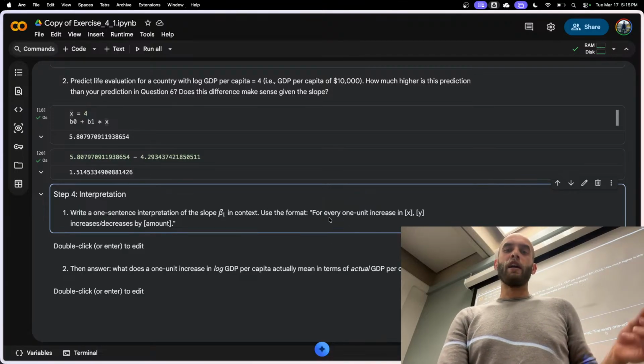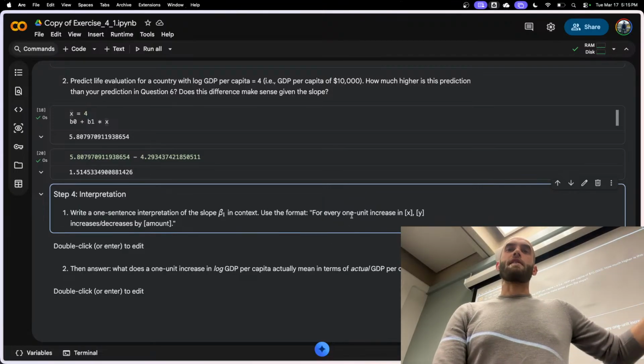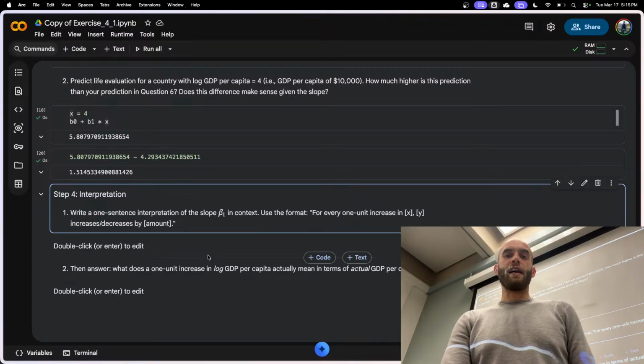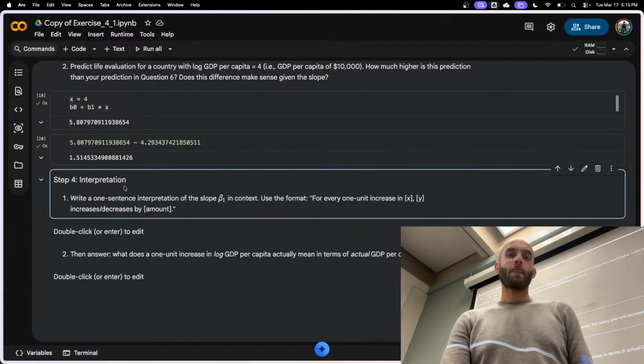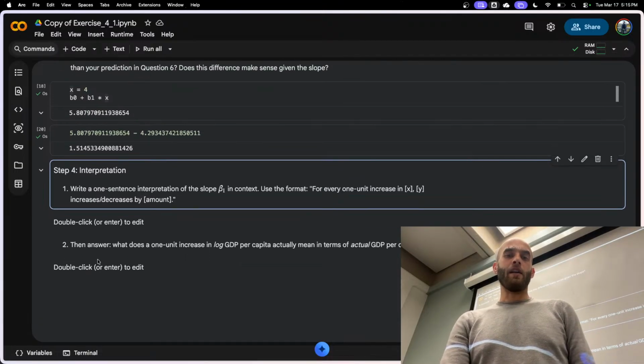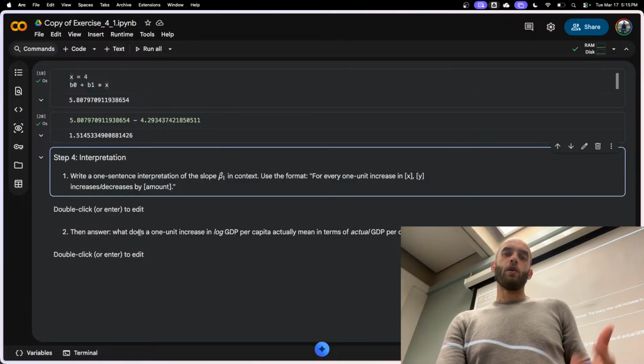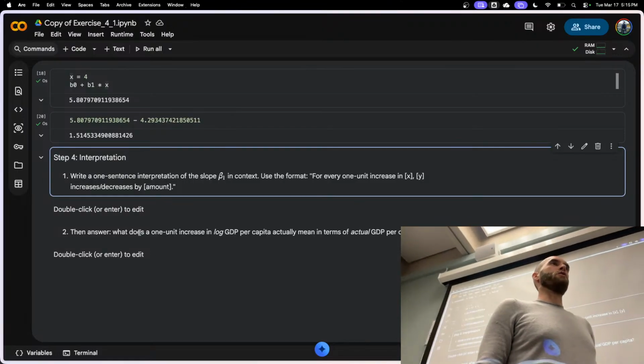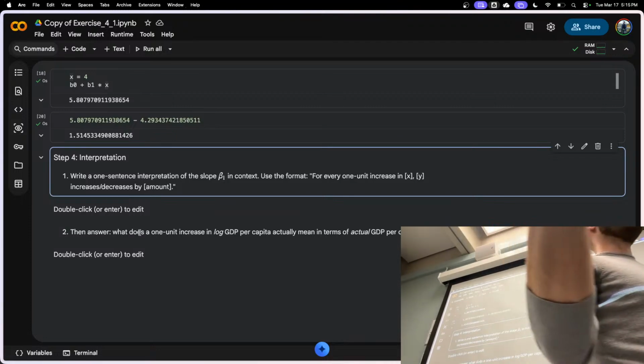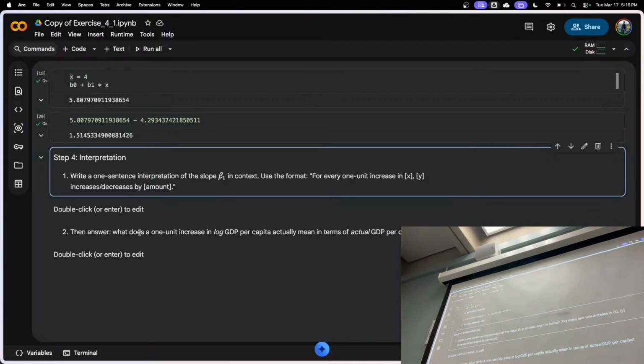For every 1 log unit increase in x, y increases by 1.5. We would just adjust that according to a multiplicative scale: every time you multiply your income by 10, we increase our happiness by 1.5.